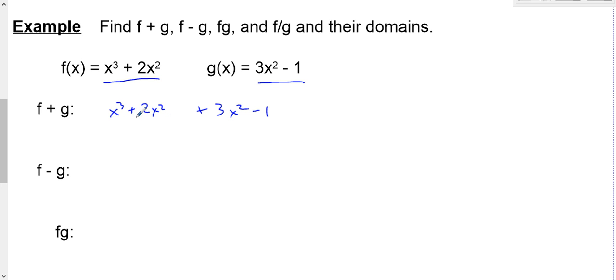And we look for combining like terms. X cubed, there's nothing. 2x squared plus 3x squared is 5x squared, and then minus 1. So f plus g of x is equal to x cubed plus 5x squared minus 1.